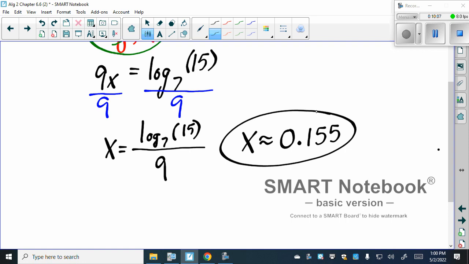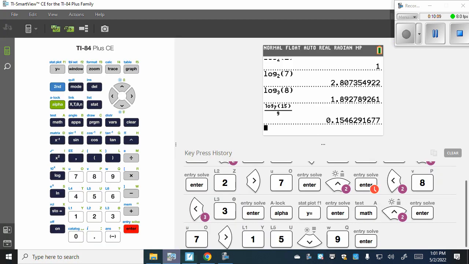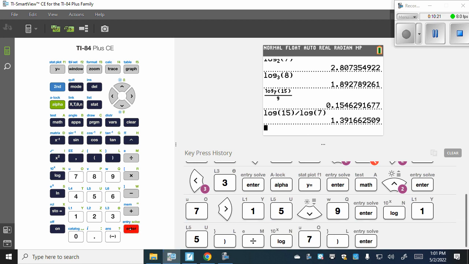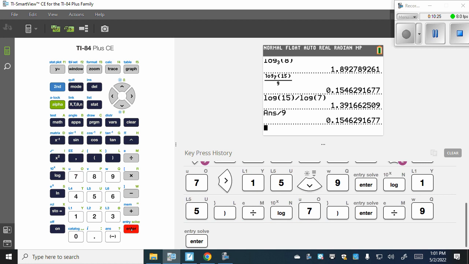If we weren't using the graphing calculator and we needed to do this in the yellow calculator, we could do log of 15 divided by log of 7 and divide that by 9 and get to the same answer. We can break it up into different parts and do that there.